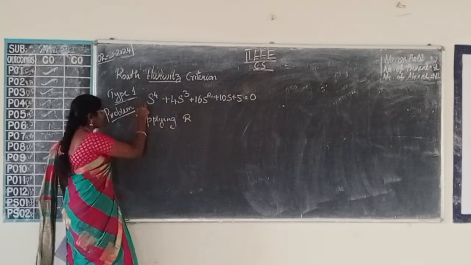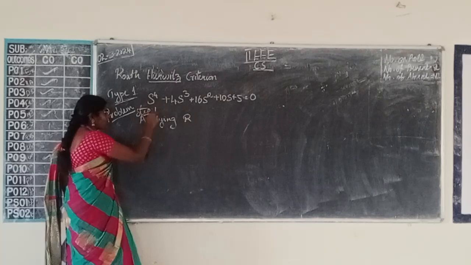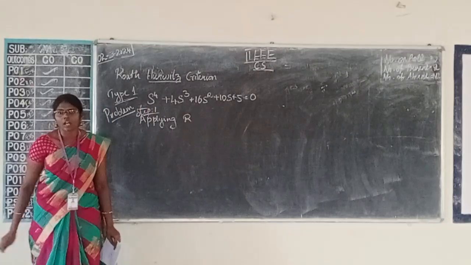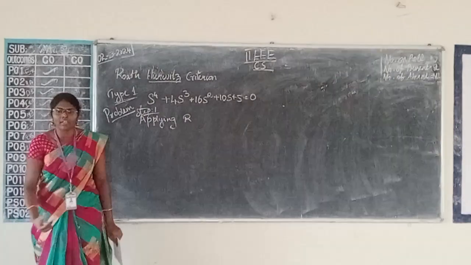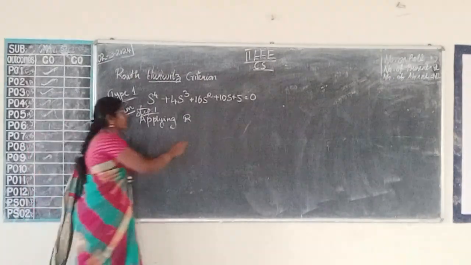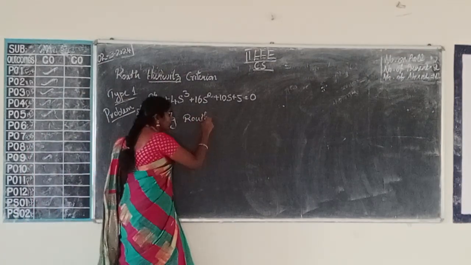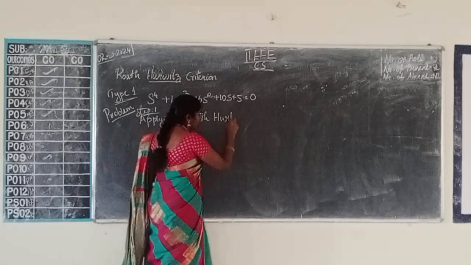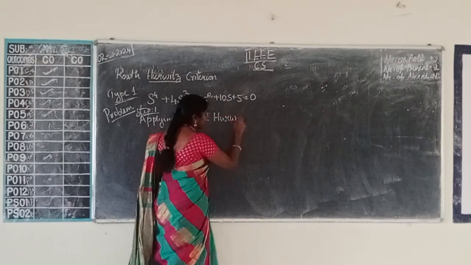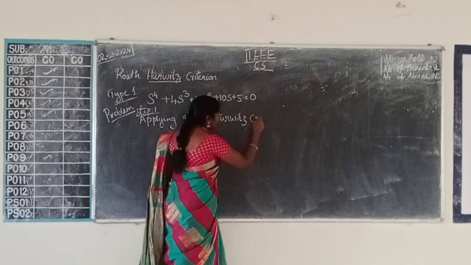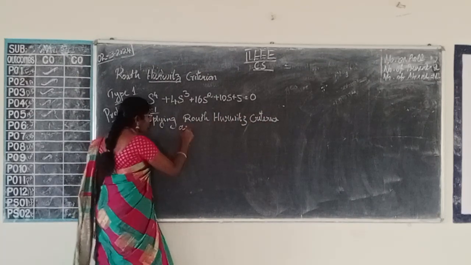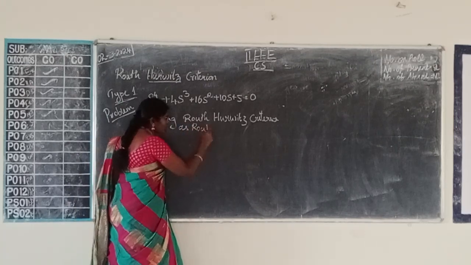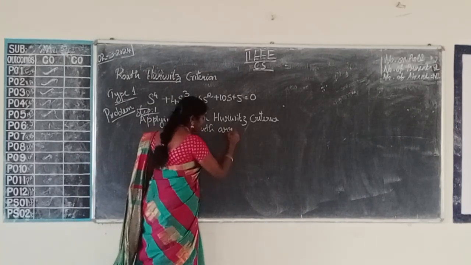So, step number 1. First, what do we have to do? First, we have to apply the Hurwitz criteria, that is the Hurwitz array. We have to form that. Apply Hurwitz criteria as Routh array.